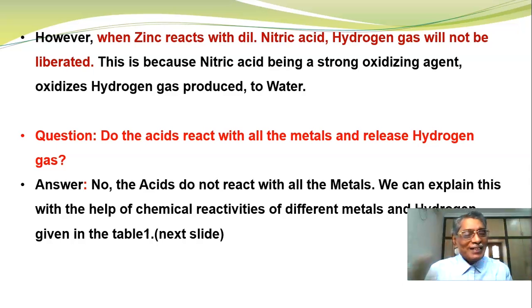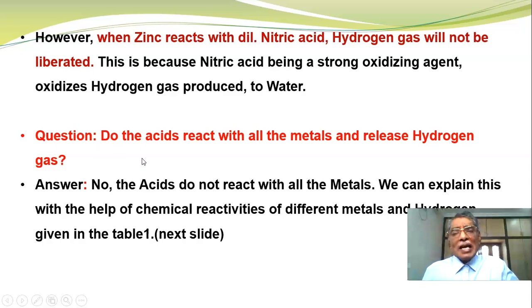So you won't get hydrogen gas, but you get only water. That means the reaction of zinc with nitric acid does not produce hydrogen, whereas dilute HCl and dilute H2SO4, as we have seen earlier, react with zinc and produce hydrogen. Nitric acid is the exception.